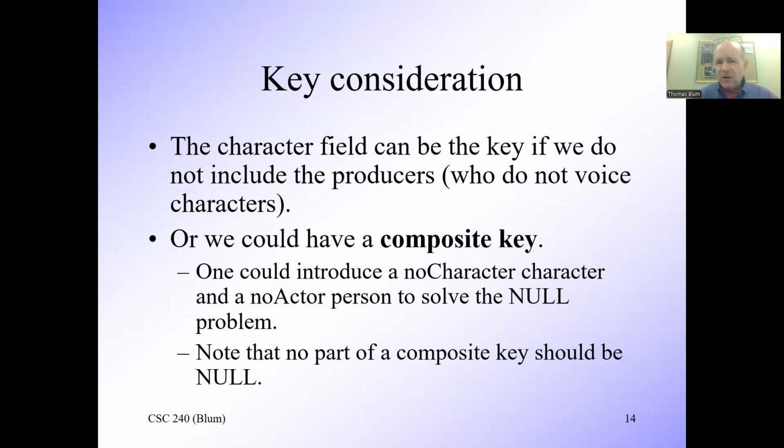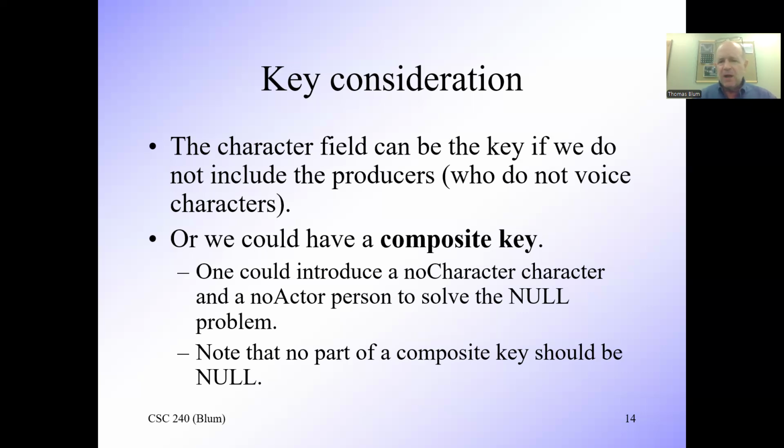So we might want to make a composite key. So we have the person and we also have the character. So we might need something of the character and something of the person to become unique.